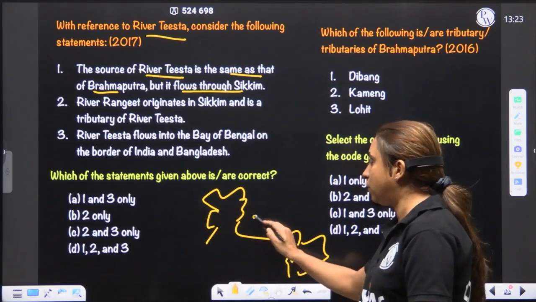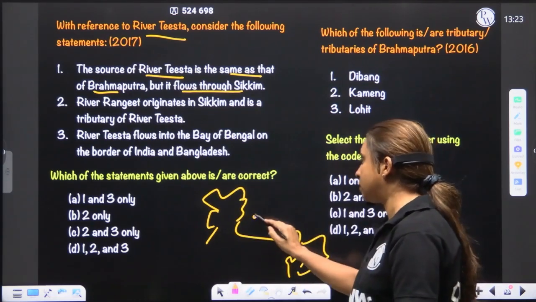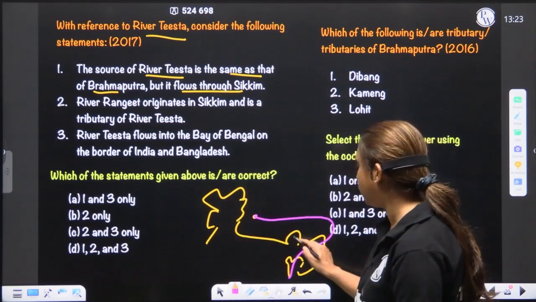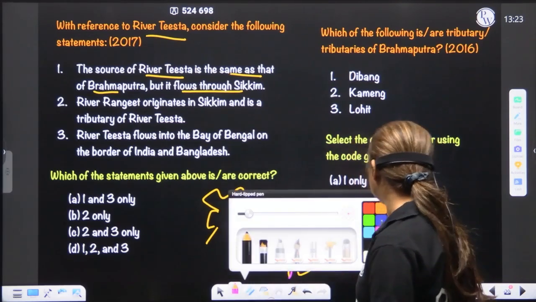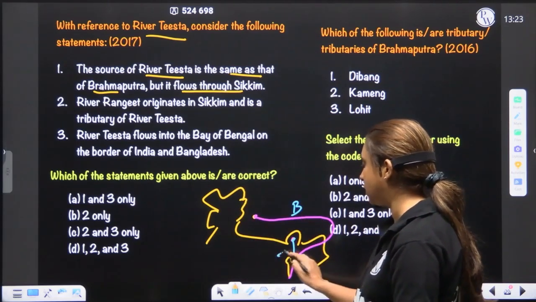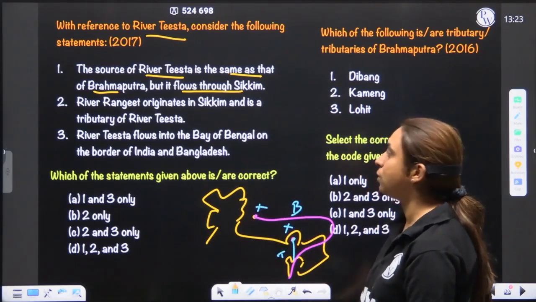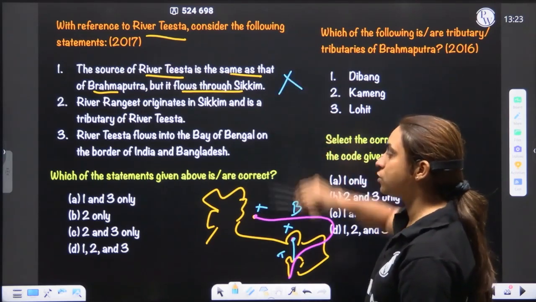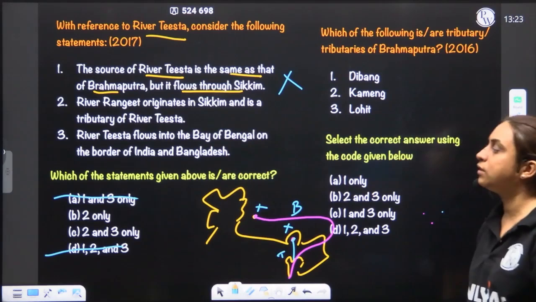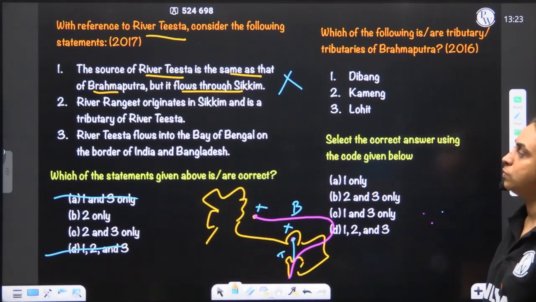You know that Brahmaputra flows from here, and Teesta flows somewhere from here. So this is Brahmaputra, this is Teesta. Can the source of Teesta and Brahmaputra be the same? No. When you eliminate the first option, A and D go. So the answer will be either B or C.